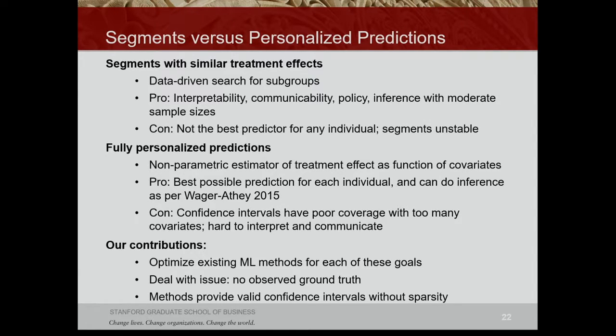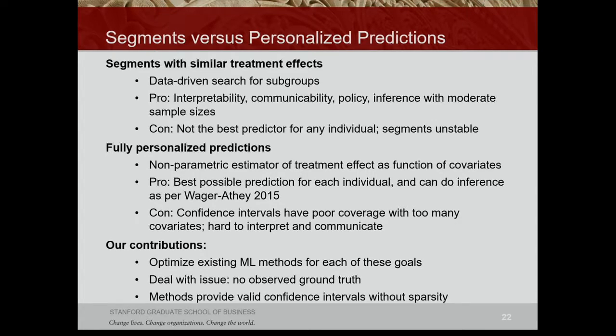On the other hand, in some cases you want fully personalized predictions. Generally there, the existing literature for non-parametric estimation that gives you asymptotically normal predictions would be kernels and k-nearest neighbors. Those algorithms fall apart with more than 3 or 4 dimensions. They just do very badly. The problem is that if you had 100 dimensions of covariates, you can't be close.